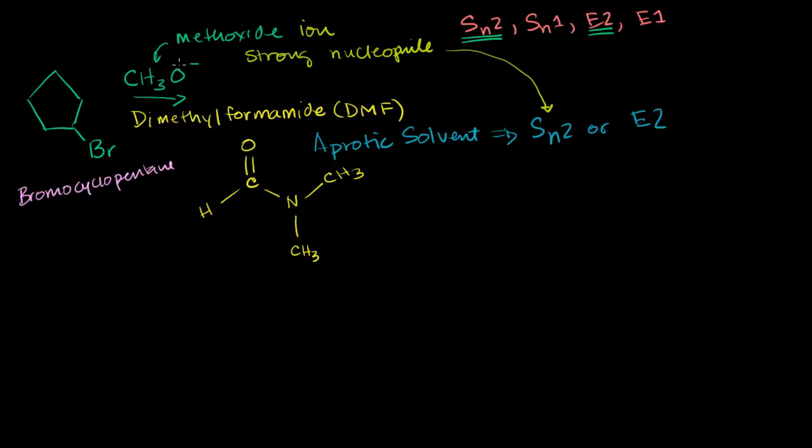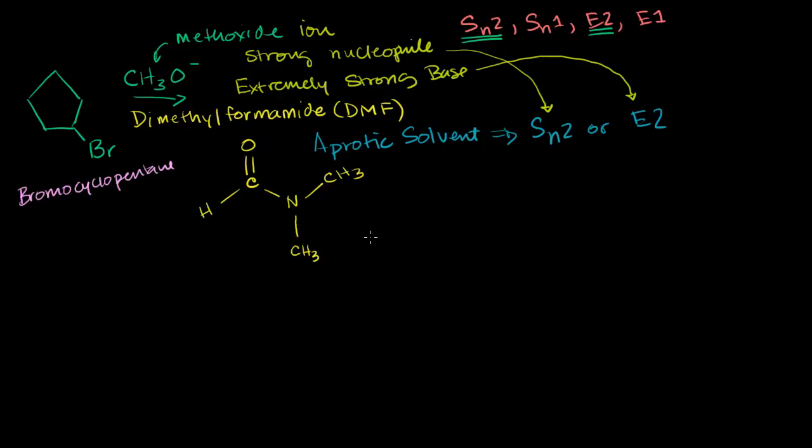It's not too big of a molecule, so it's not going to be hindered. But it's also an extremely strong base, even stronger than hydroxide. So it's also an extremely strong base, which does imply that we're going to have an E2 reaction.